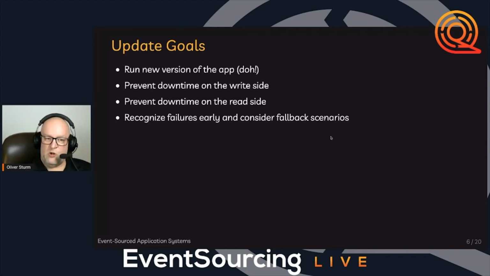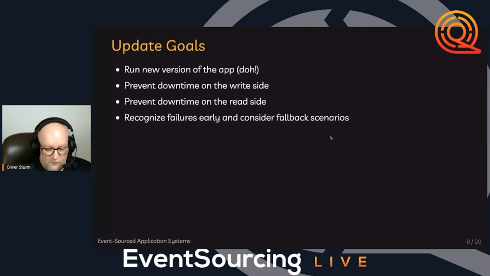Is it more important to you that people can always access the read side of your application, or is it more important that commands will always be accepted and handled, perhaps even in a timely manner, and so on? These are priorities that you might have to sort out ahead of time. So that's my heads up in that regard.